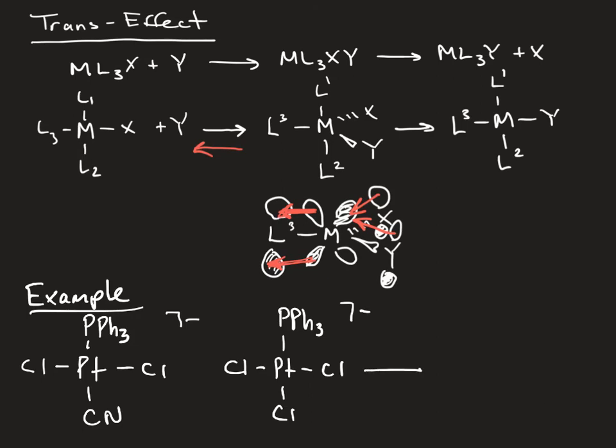Now, when you add in a cyanide ligand, this is going to add but it's going to add trans to the ligand that has the strongest trans influence, which in this case is that phosphine ligand. So you would end up generating this species upon the displacement of a chloroligand with the cyanoligand.